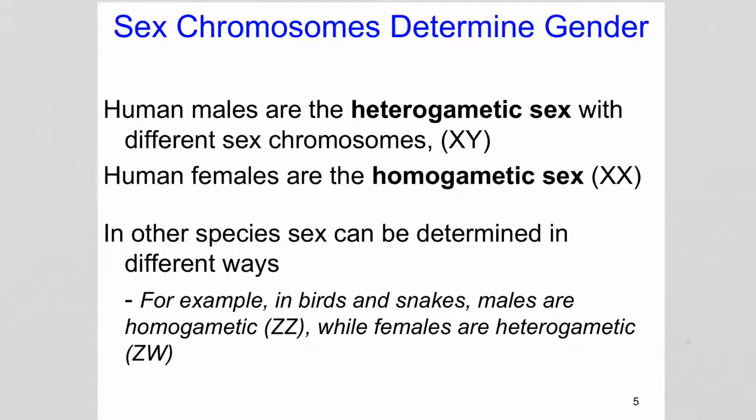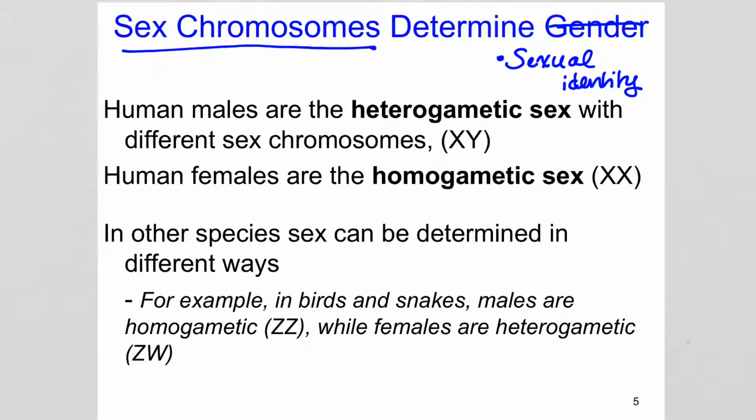So biologically speaking, it's the action of these sex chromosomes that are ultimately going to determine, and I don't like that I have gender here, just sexual identity from the biological perspective.